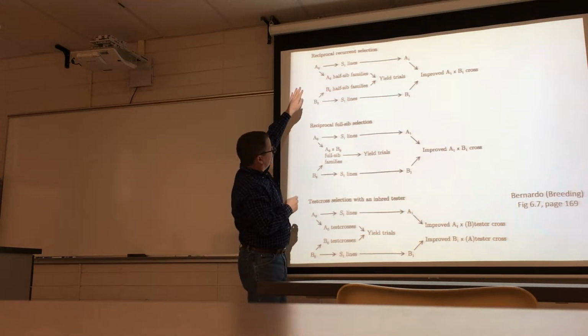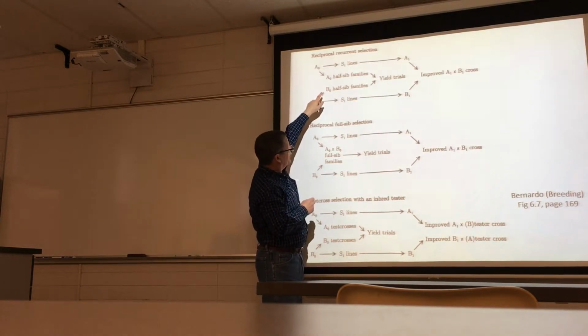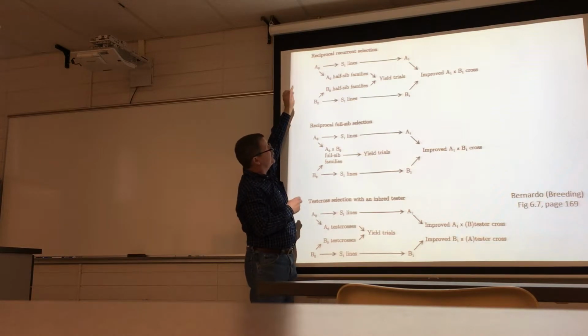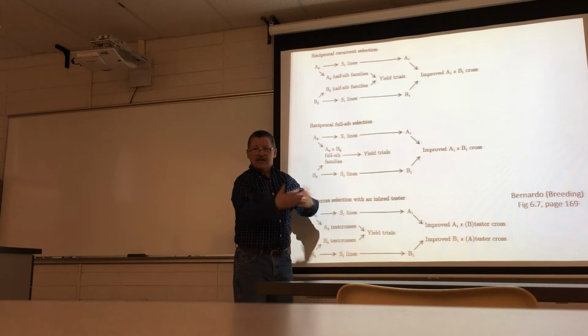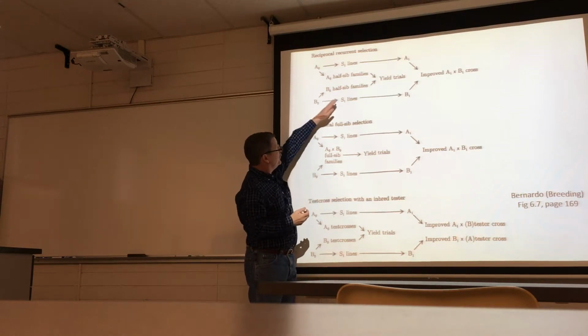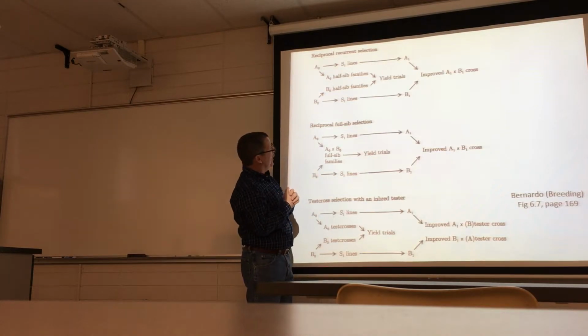So in this case, in population 1, half-sib families are developed, as we talked about the other day, by crossing individuals in that population to some collection of pollen, to some group of individuals that are from the other population. And you do this on both sides.